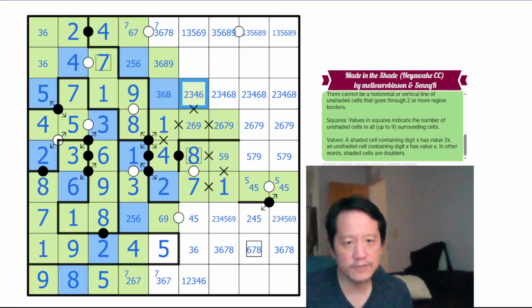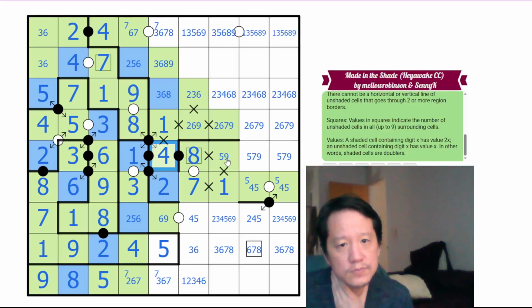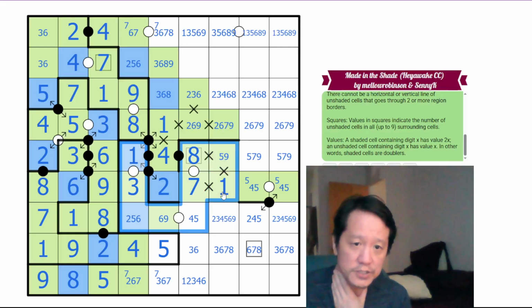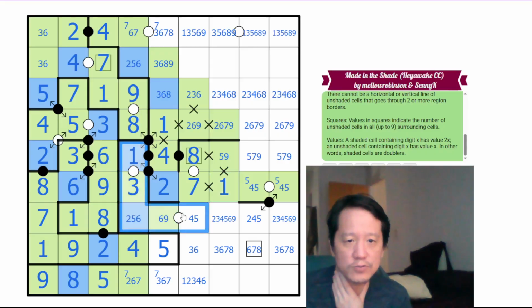This cannot contain 4 because it's in the same region as that. This can no longer be part of this region because this has a 1 and this has a 1.